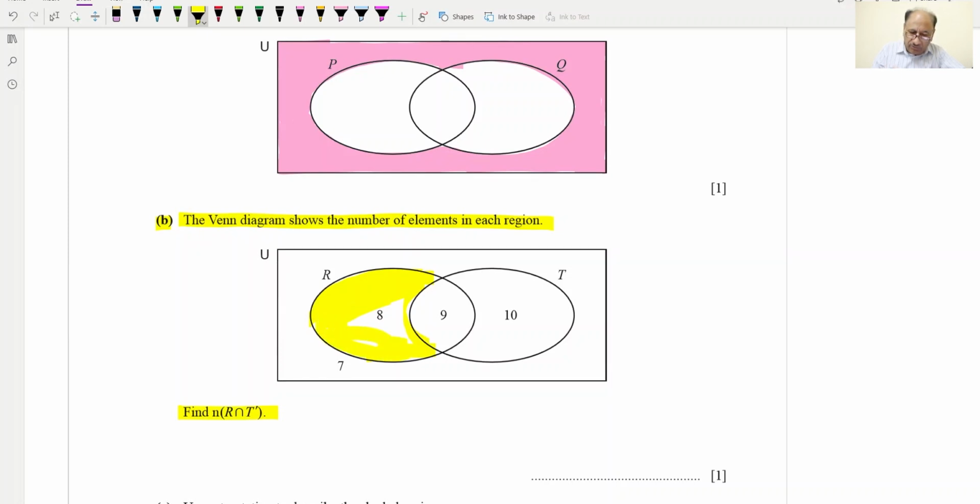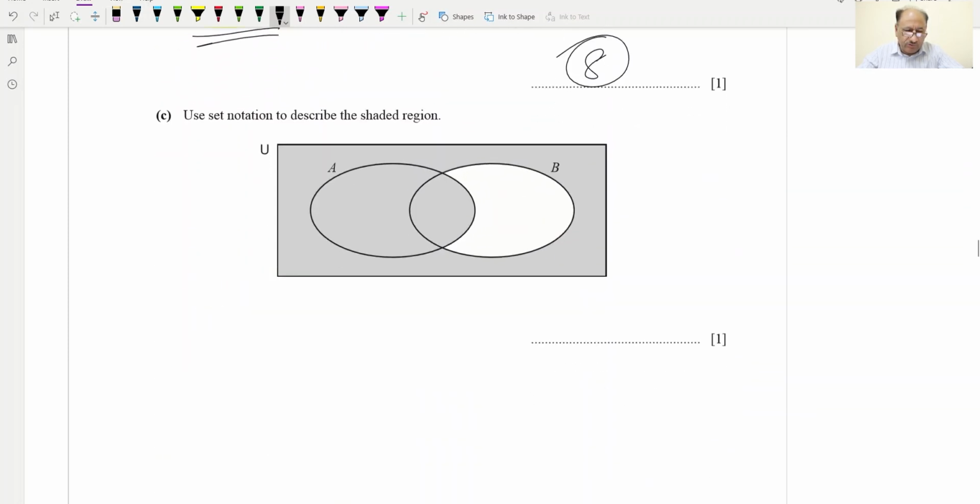I'm giving the final answer for this question. And if we check in this region, what's the number in this region? The number is 8, so we can write the answer as 8. n of this is always a number, so that is the 1 mark part, which is done.